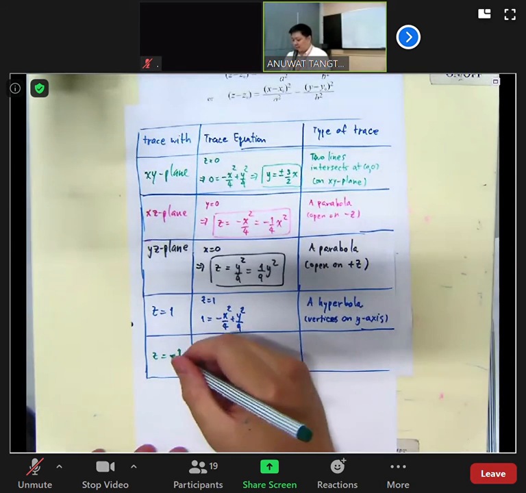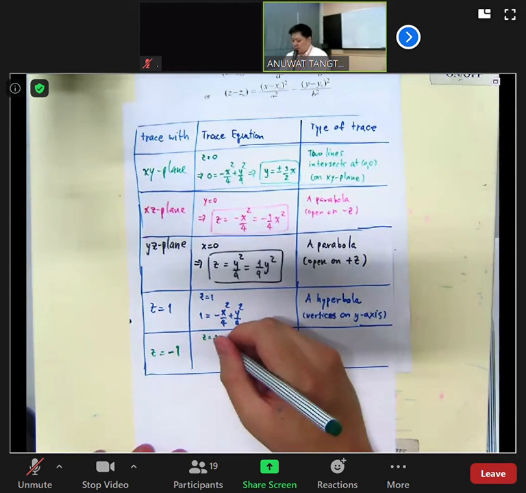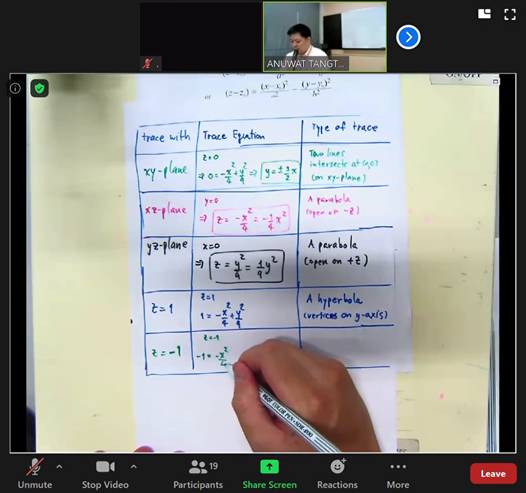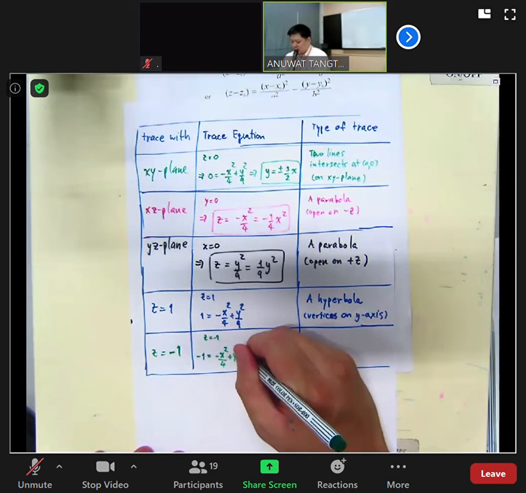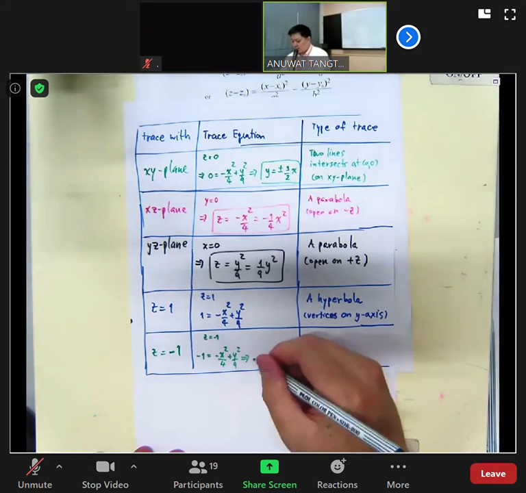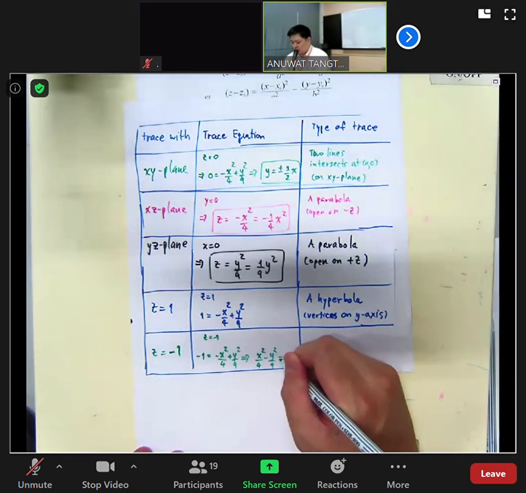And for z equal to -1, we would get -1 equal to -x squared over 4 plus y squared over 9. We multiply by -1, so we get x squared over 4 minus y squared over 9 equal to 1.